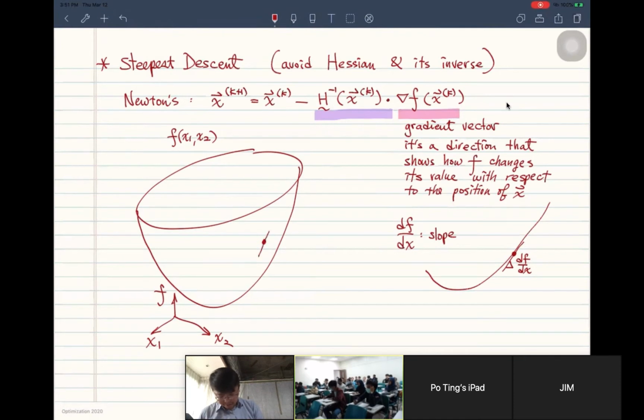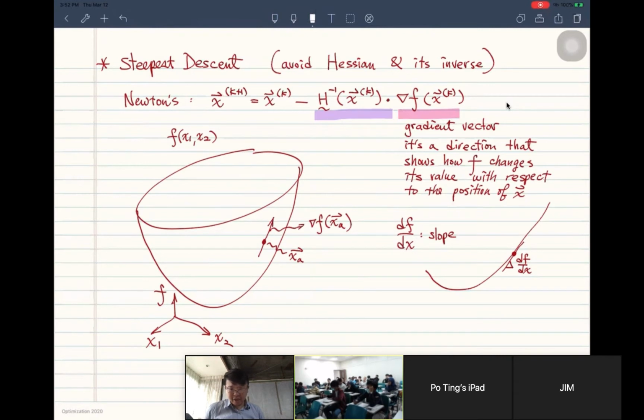It's a vector, also showing you how the shape looks like. So this is your gradient, and here is some point xa, and this vector is the gradient at xa. The gradient vector usually is going up.